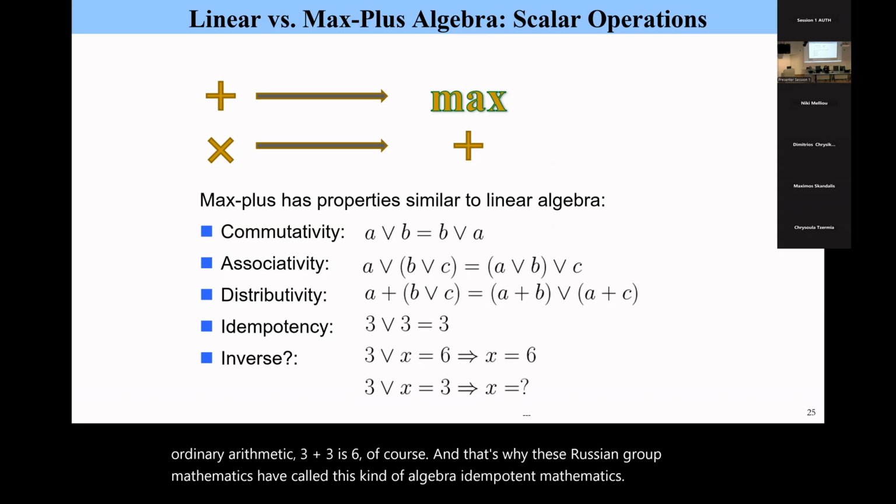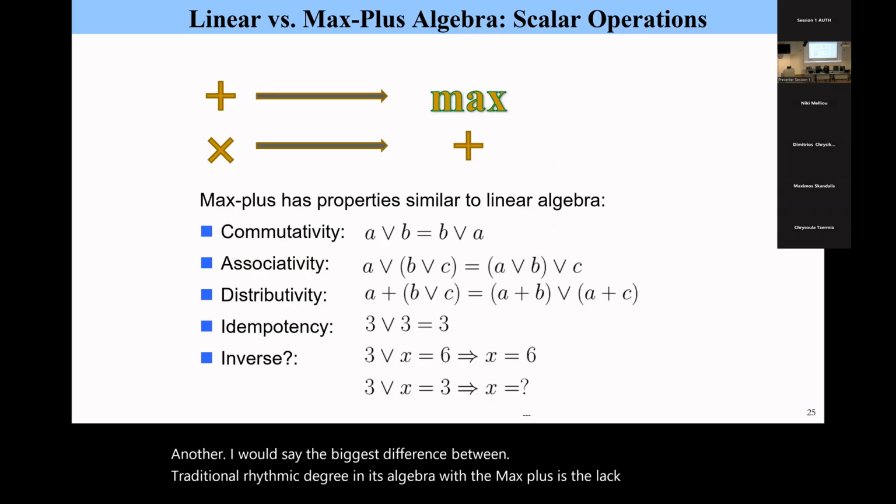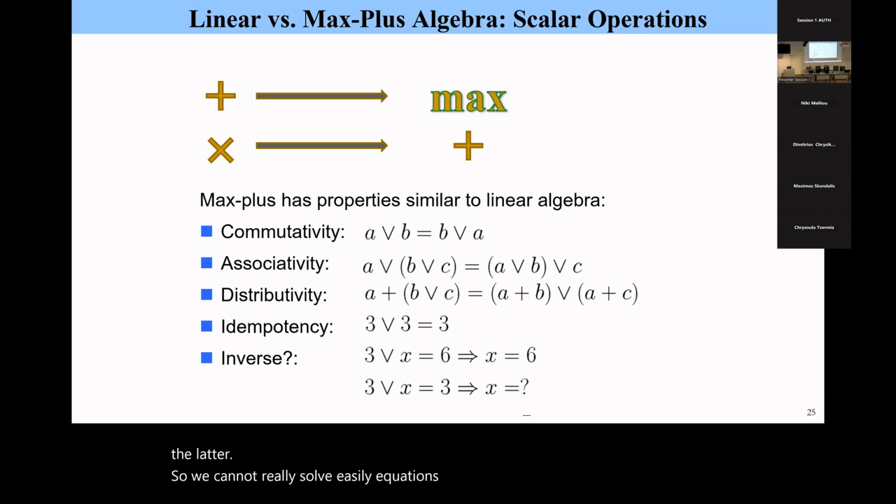Another, I would say the biggest difference between the traditional arithmetic ring and its algebra with the max-plus is the lack of inverse of the latter. So we cannot really solve easily equations like 3 max x equals 6. What is x?